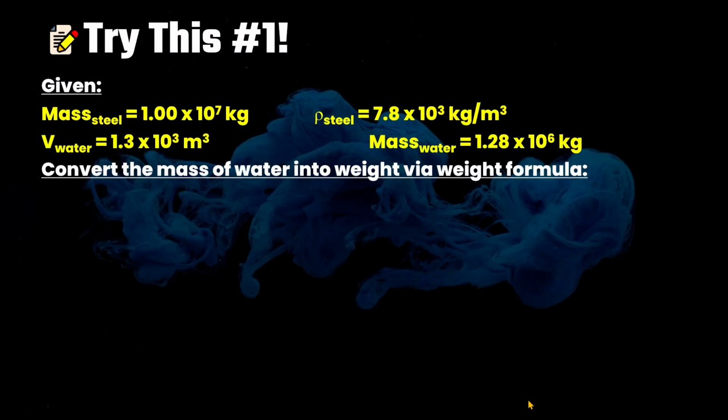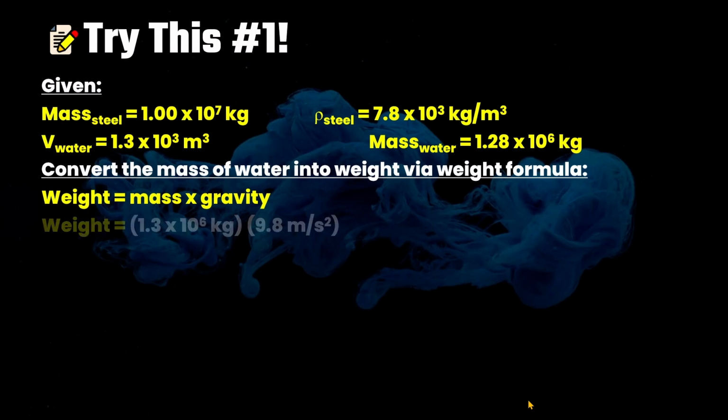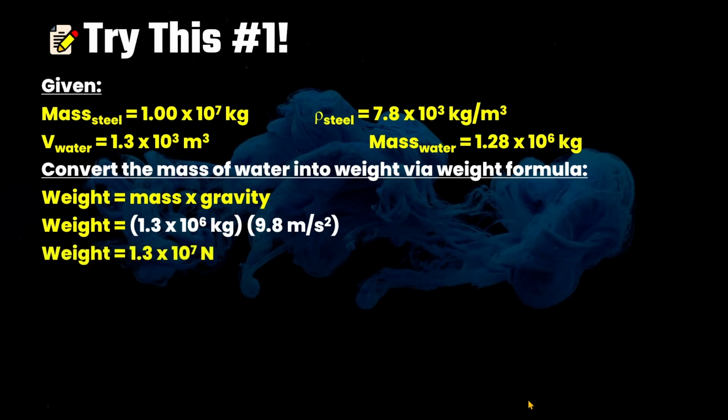The last part is to convert the mass of water into weight via the weight formula. Remember in your senior high school and in the previous topic in the midterms, the formula for obtaining the weight of an object is to multiply the mass of that object by acceleration due to gravity, or 9.8 meters per second squared. So weight is 1.3 times 10 raised to 6 times 9.8 meters per second squared.